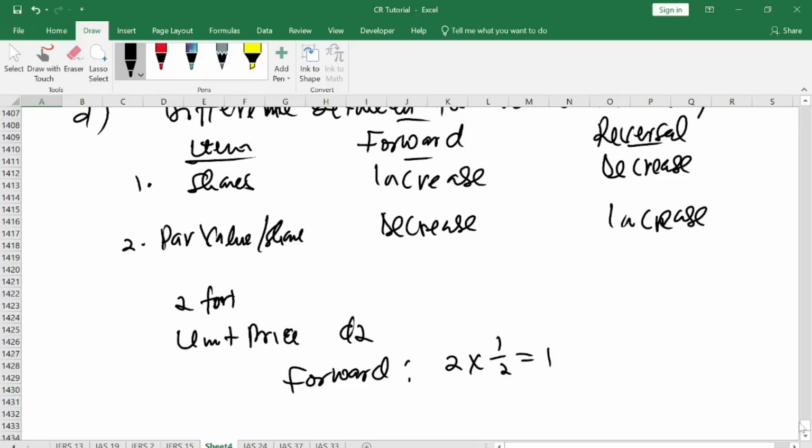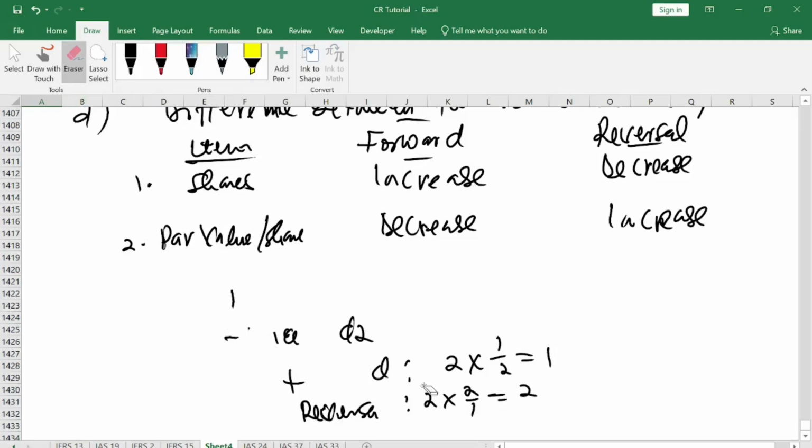Realize that it will decrease to 1. Understand? The opposite is true for the reversal: you have 2 cedis multiplied by 2 over 1, so you get 4.